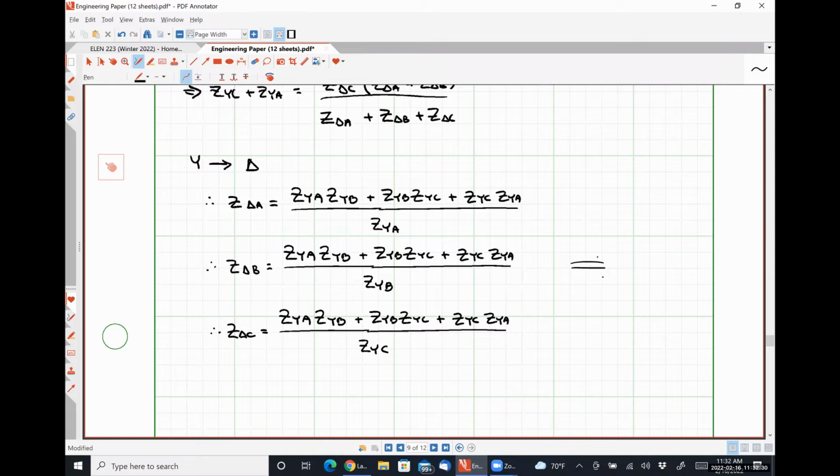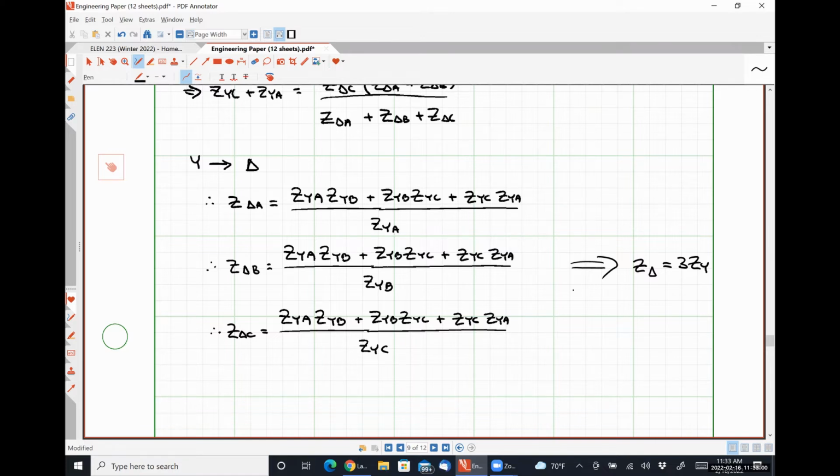So for a balanced three-phase load, we find that Z delta is simply 3ZY. This is still useful. Definitely still useful, because when we talk about unbalanced three-phase systems, those absolutely apply.